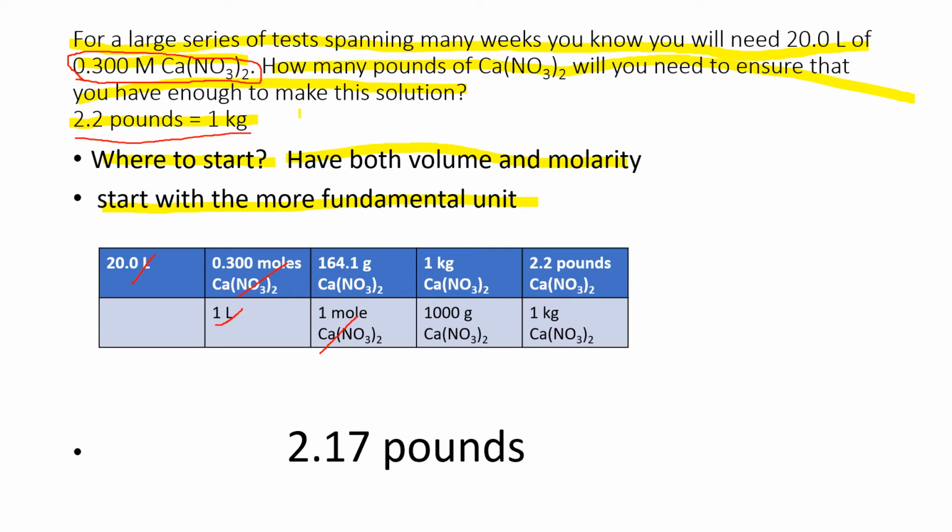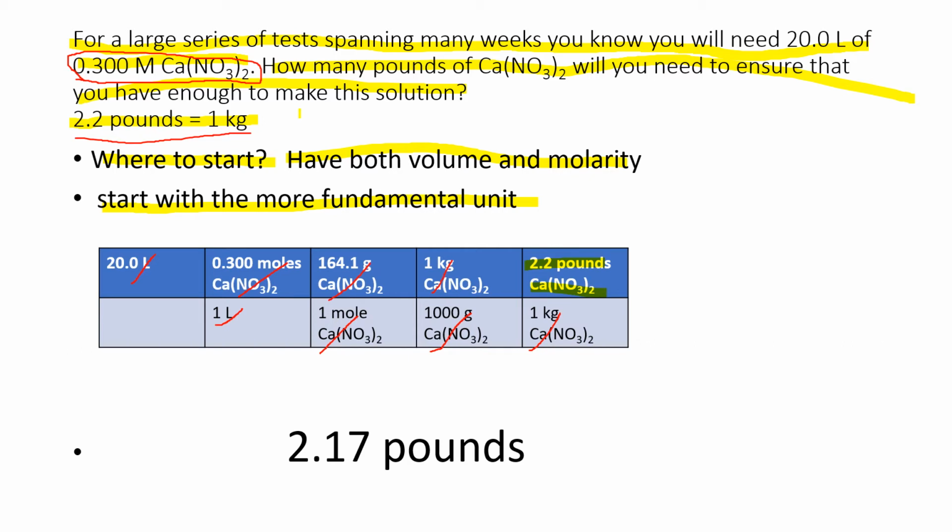So a quick gram to kilogram conversion. Grams in the numerator are going to cancel with the grams in the denominator. Now I have kilograms. Now I can use that metric to English conversion to get to the unit I needed, which was pounds. So kilograms in the numerator, kilograms in the denominator. What I'm going to be left with is pounds of calcium nitrate, which is what I wanted.